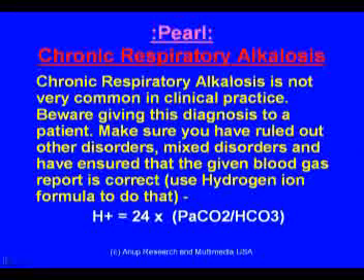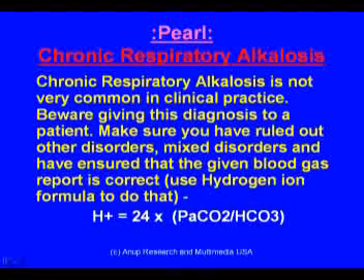Chronic respiratory alkalosis is not very common in clinical practice. Beware giving this diagnosis to a patient, and before you decide that the patient has chronic respiratory alkalosis, make sure you have ruled out other disorders, you have ruled out mixed disorders, and you have ensured that the given blood gas test report is correct.